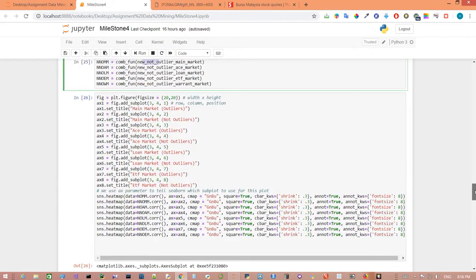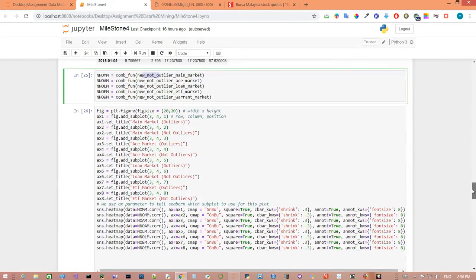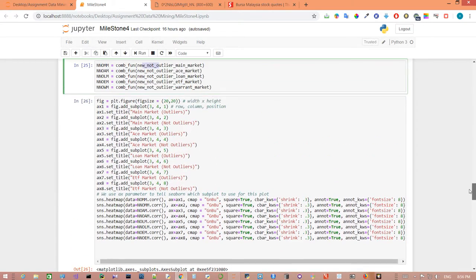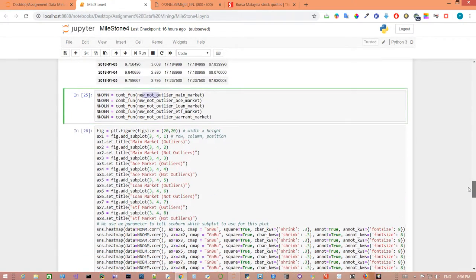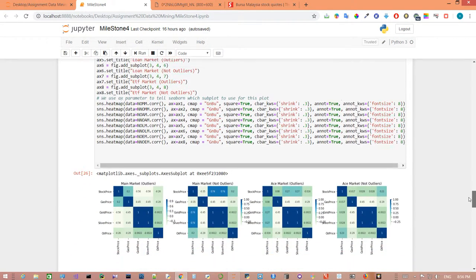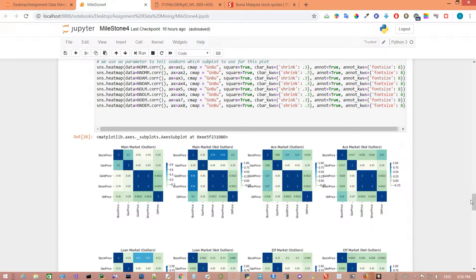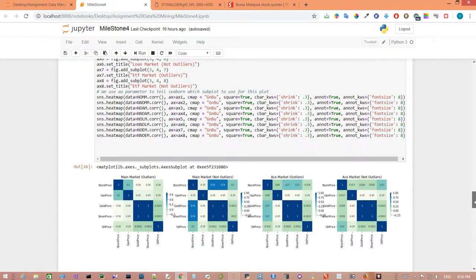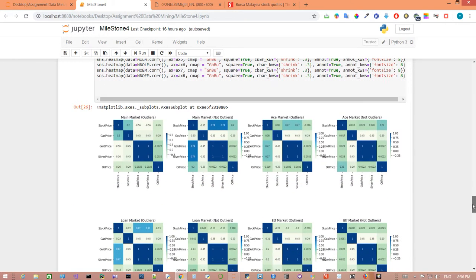And here I'm building a heat map from all of the tables that I have created. Something very interesting actually. As you can see here, I am comparing main market outliers to main market not outliers.